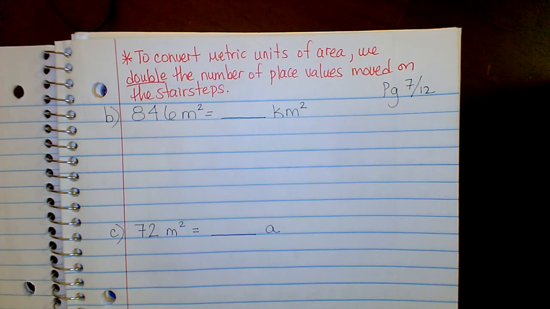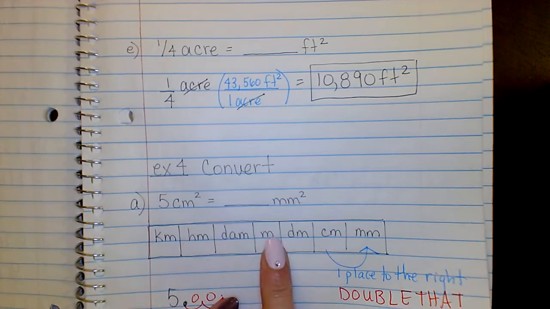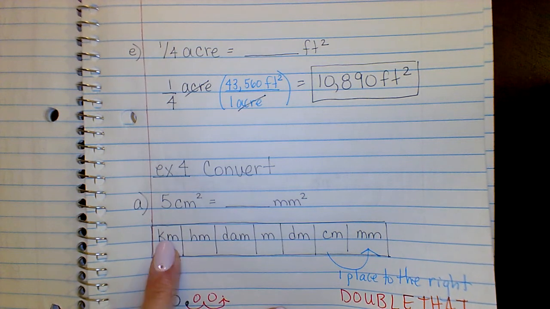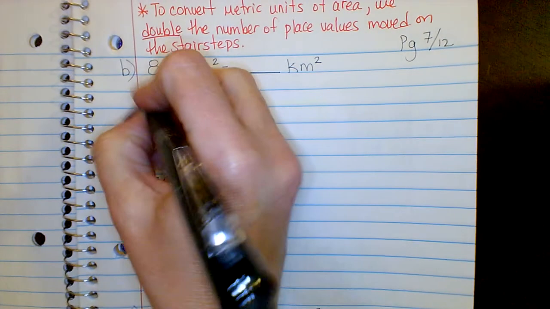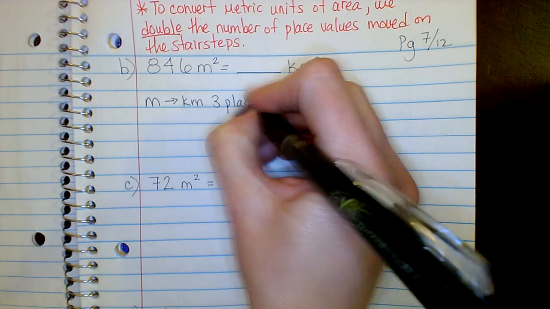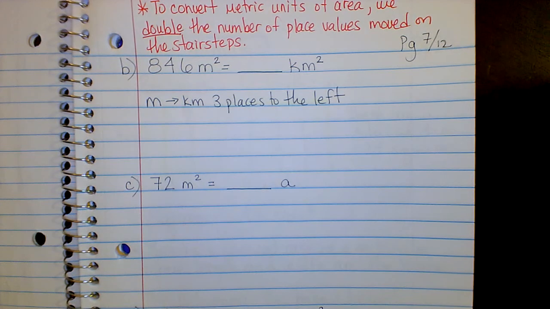Okay, so 846 square meters to square kilometers. So let's go back. Meters to kilometers. That moves back 1, 2, 3 places to the left. So meters to kilometers is 3 places to the left.